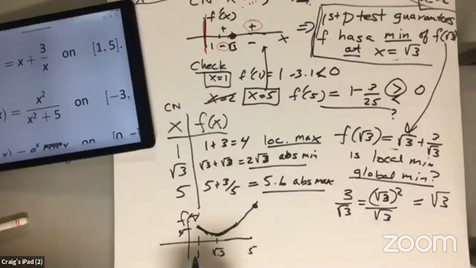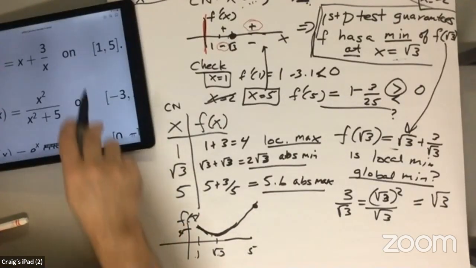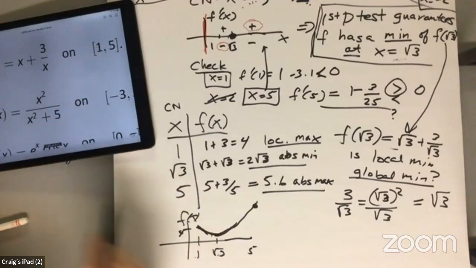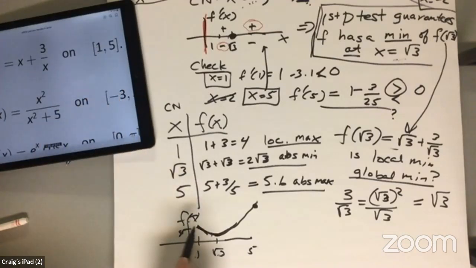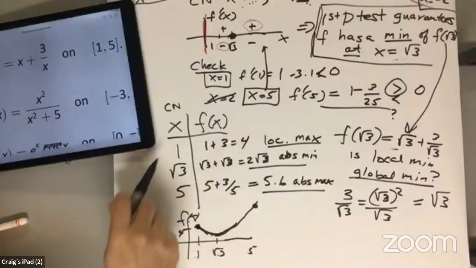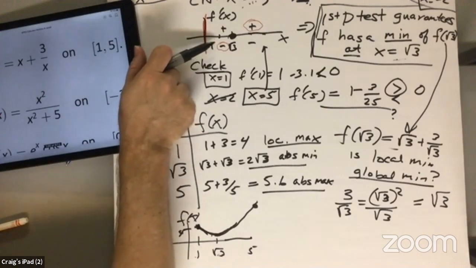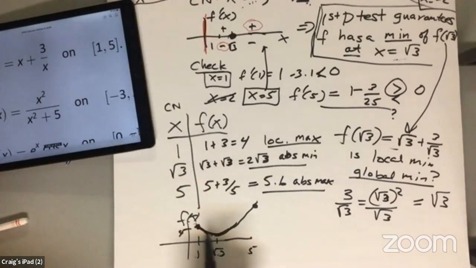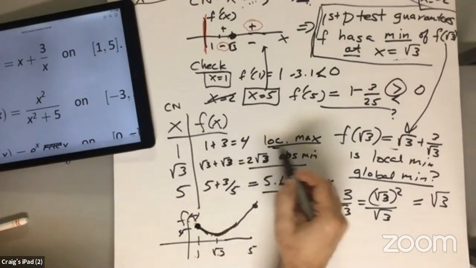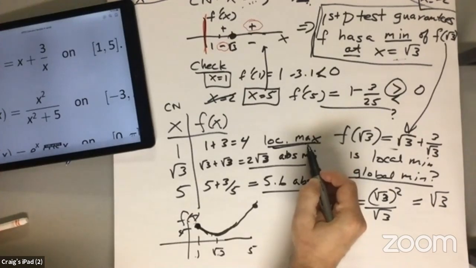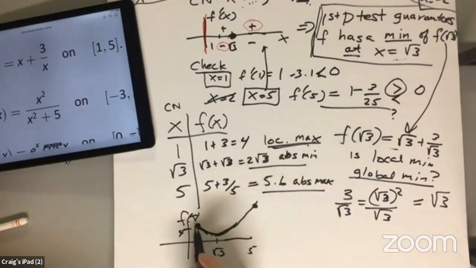Okay, and when x equals 1, at that endpoint, I have a 4 value for my f, and the derivative at that spot is negative. So it means it's decreasing there, which means that f has a local maximum at x equals 1.